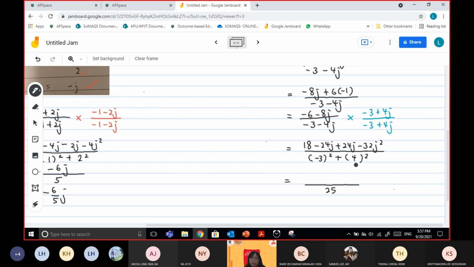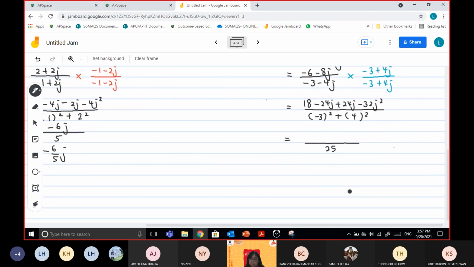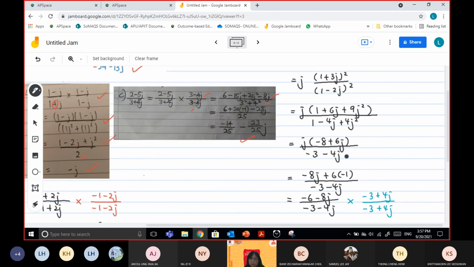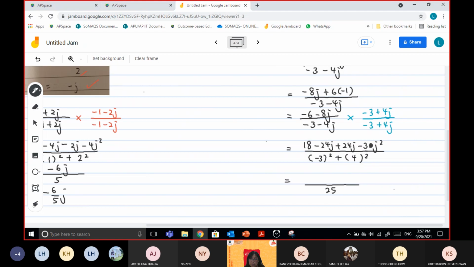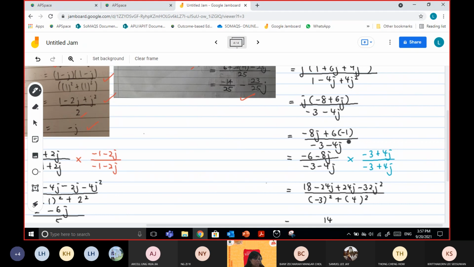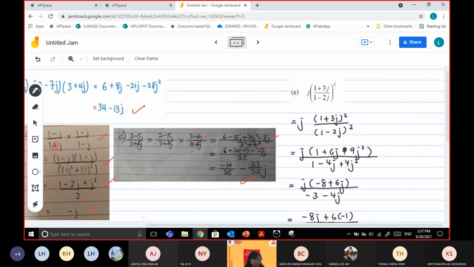Okay, hold on. Do I miss out anything here? How come I get 14? I think I miss out something here. Okay, 1 plus 6j plus 9j squared minus 9 minus 8 plus 6j, correct?